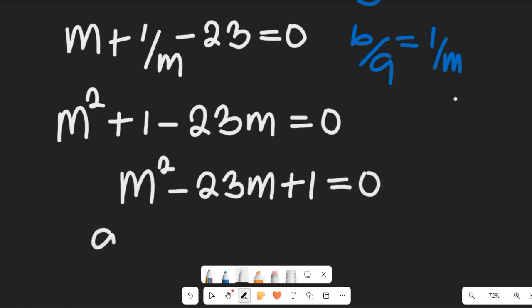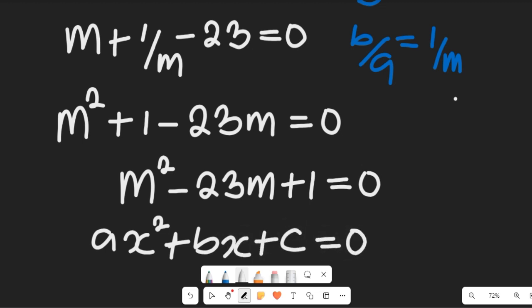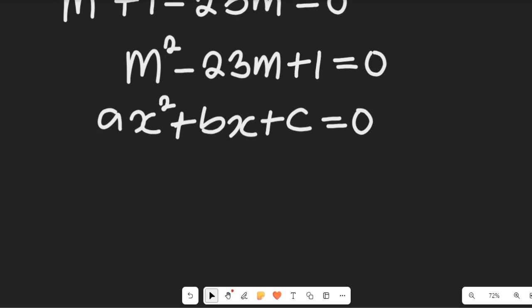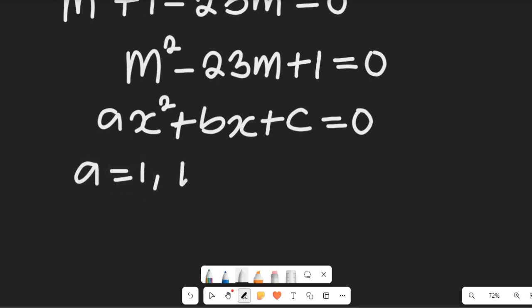This is exactly a quadratic expression, which will be similar to ax squared plus bx plus c, and this is equal to 0. Now in this case, we'll see that a is equal to 1, b is equal to negative 23, and c is equal to 1. So we can use the quadratic formula in solving this math question.